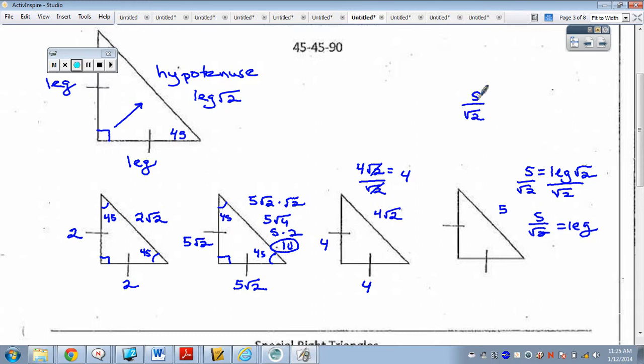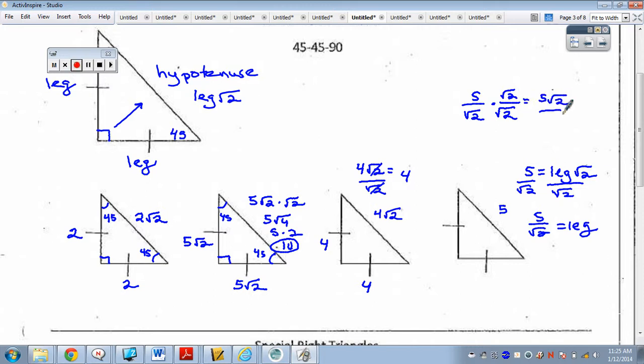So rewrite 5 over root 2. To get rid of this square root in the denominator, if you multiply it by itself, then the number underneath the square root is the number that comes out. But you can't just multiply the bottom by root 2, you also have to multiply the top by root 2. So on the top, in the numerator, you'll get 5 root 2.